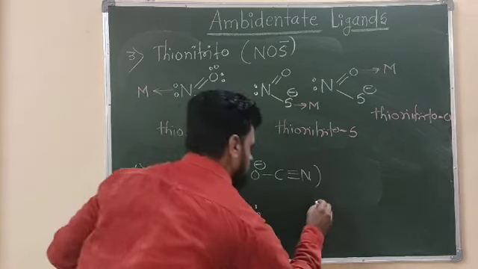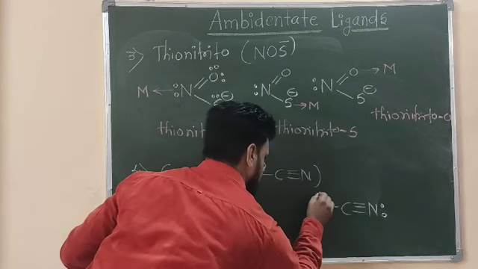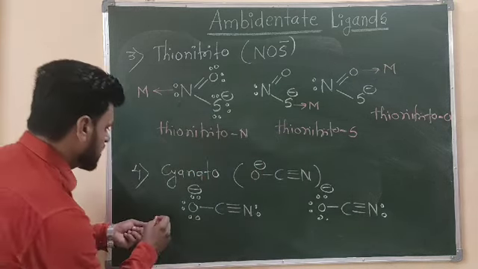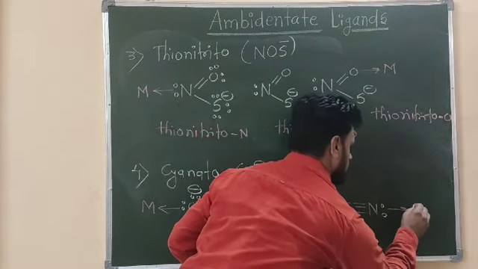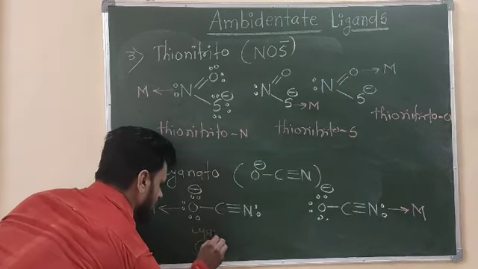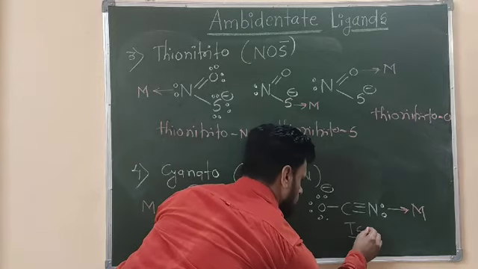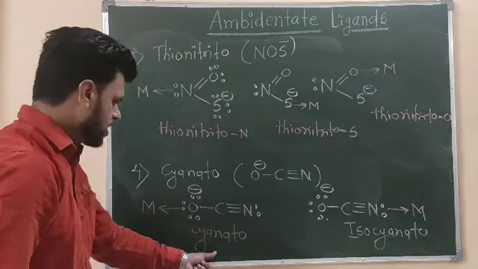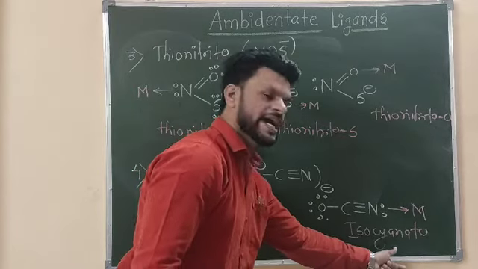N carries 1 electron lone pair, and O C triple bond N, and again we have 3 lone pairs here, right? So let's say that it's forming a bond with oxygen, and here it's forming a bond with nitrogen. This is called cyanato, and this is called isocyanato, or can be cyanato-O, cyanato-N.